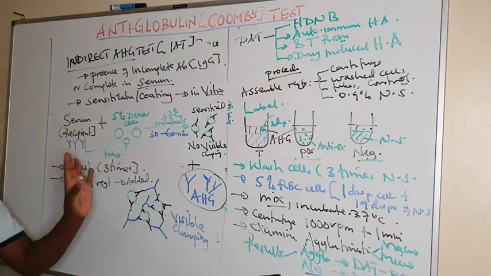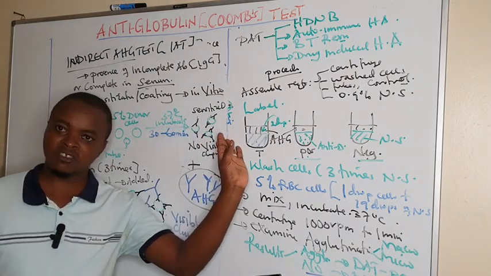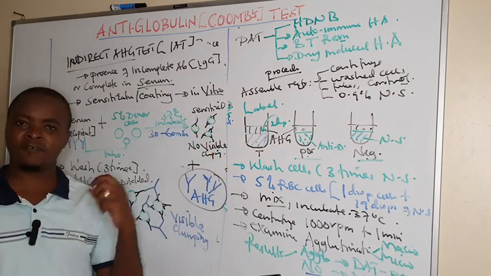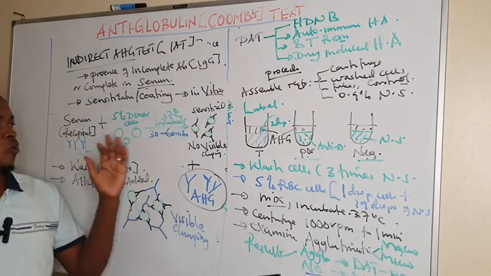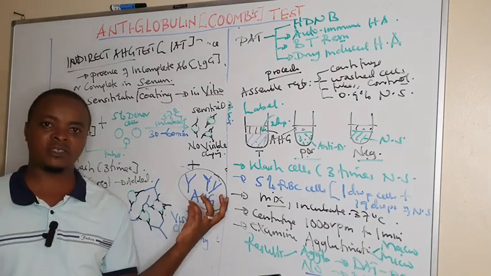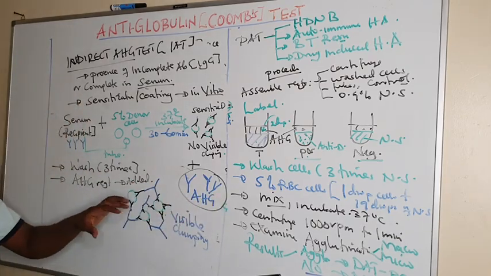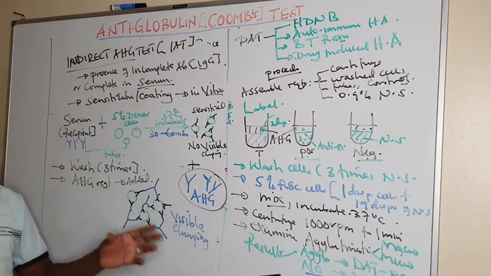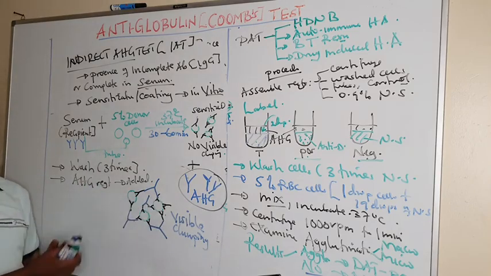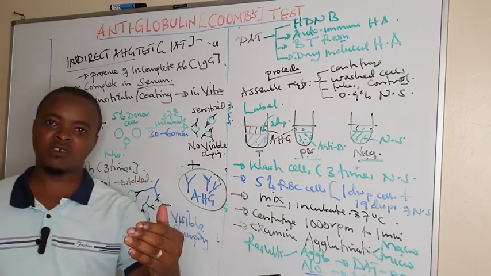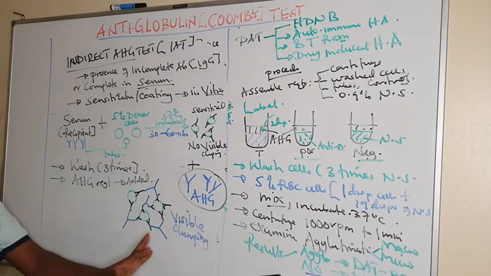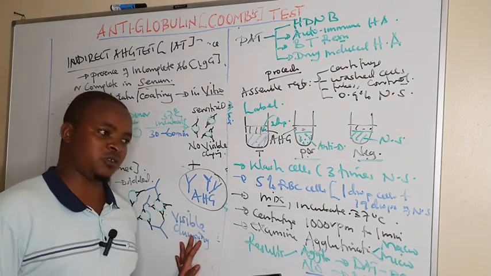During incubation, these cells are sensitized without producing visible clumping. After washing, we add Coombs reagent, which brings visible clumping or agglutination by producing cross-linkage between these incomplete antibodies, attaching on the FC portion of the incomplete antibodies.